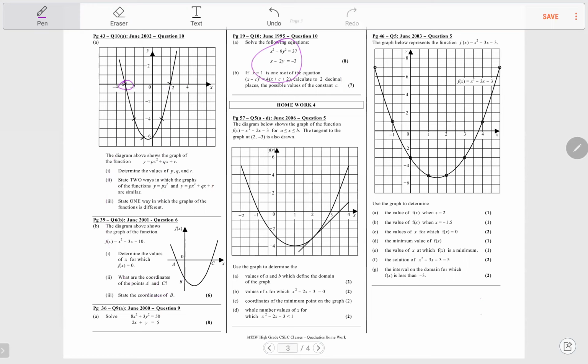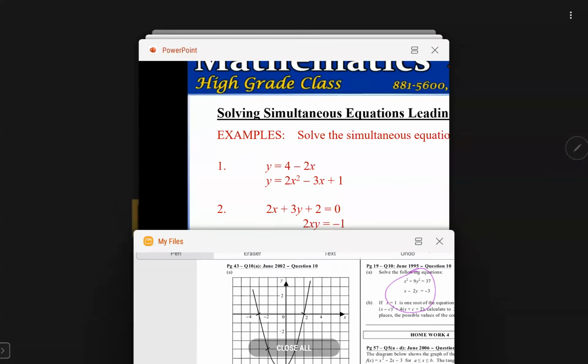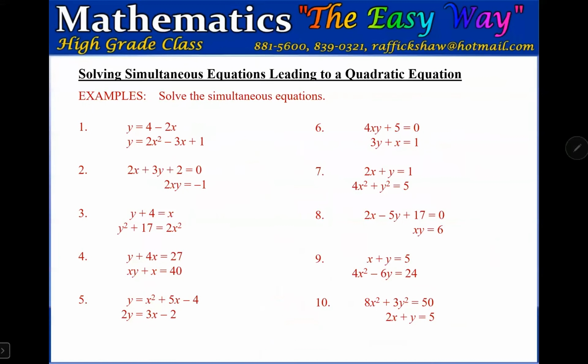You know the roots, and they're asking you to find the function right here. You see that? They put P, Q, and R. So you look at the graph and you see the roots, and they're asking you to find P, Q, and R. Same thing down here. This one now is similar. They give you the function this time, and they're asking some other question. So that is it. Let's see. So the homework is just that alone.